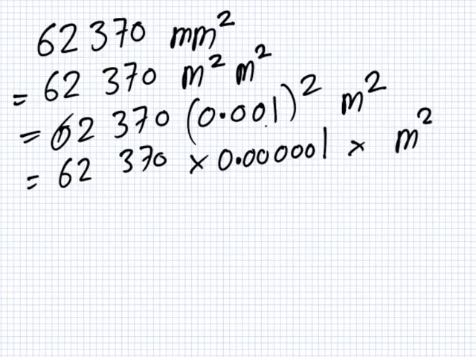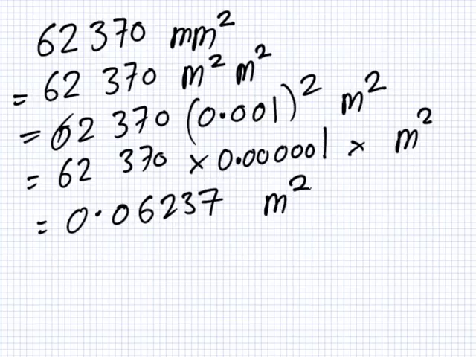What's that now? 6 zeros, isn't it? 1, 2, 3, 4, 5, 6. 0.06237 meter squared is the final answer. Okay, you should write that down. How did you do on this one now? Was okay? Yeah. So the next one's trickier.